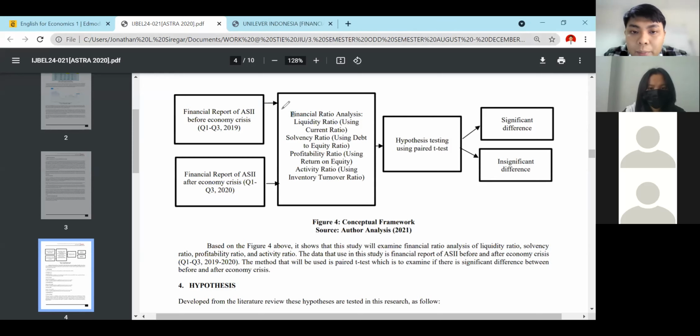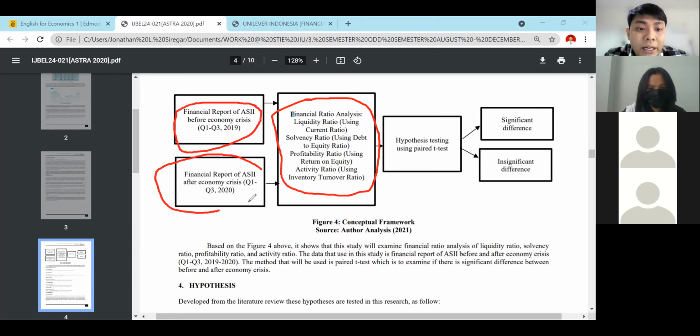Can you see my pen, my red pen? Yes, sir. So first they collect all the financial reports before the economic crisis. And again, we need to determine the goal. The goal of this research is to know the performance before and after. That's why they collect all the financial reports before and after.